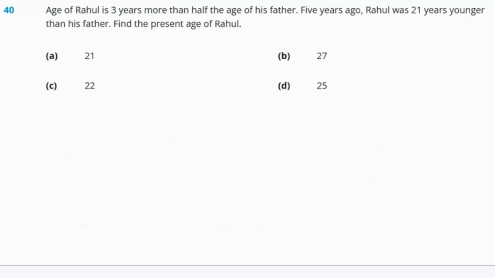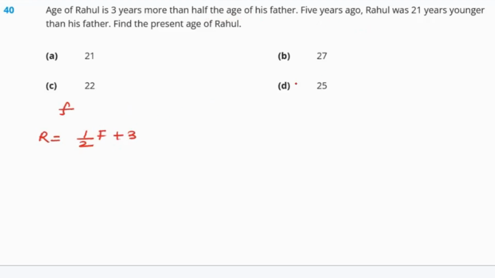Now the next question says the age of Rahul is 3 years more than half the age of his father. If the father is F years old, then Rahul will be half of the age of his father plus 3.